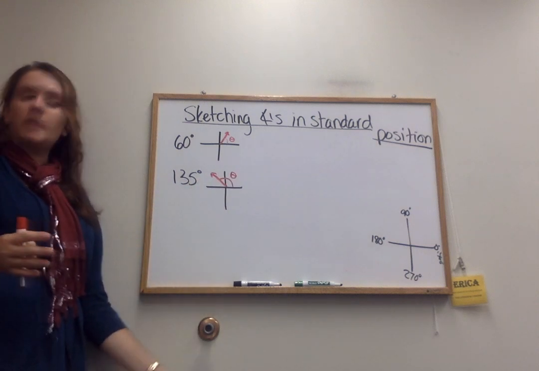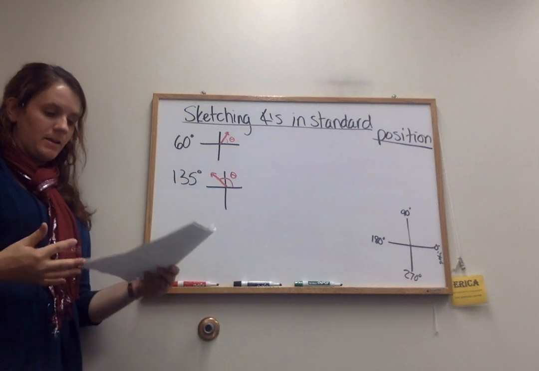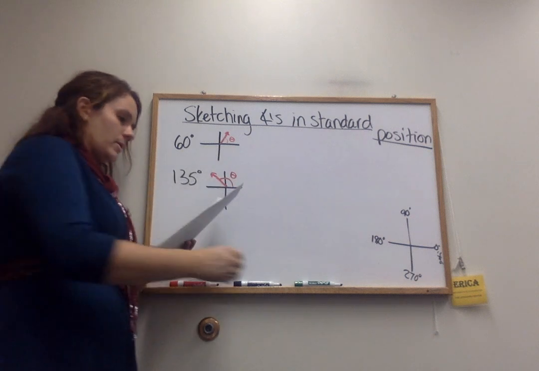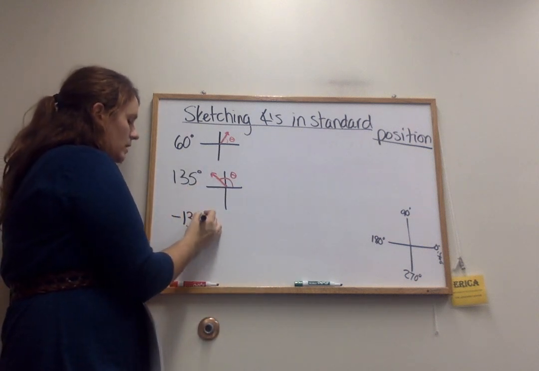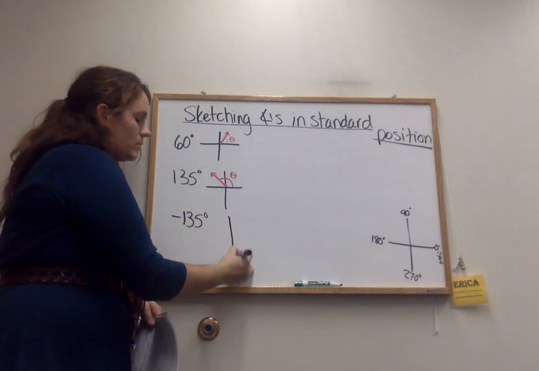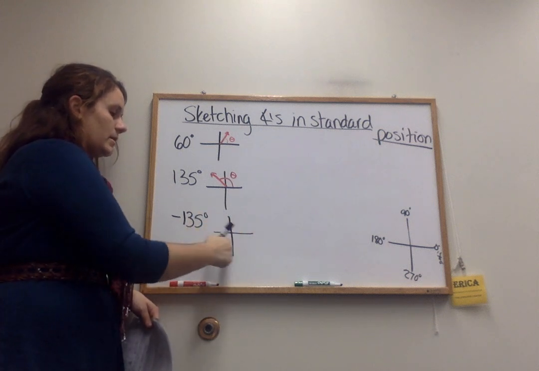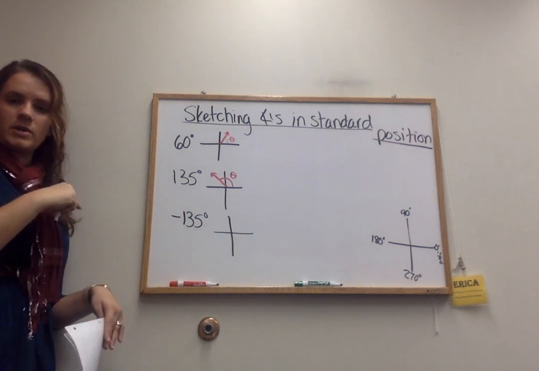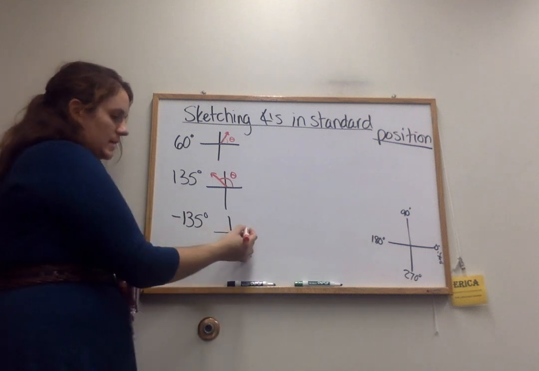Now, when we were converting between degrees and radians, we mentioned the fact that there could be negative angles that we're working with. So instead of having 135, you could have the angle negative 135. And really what that means is that instead of moving counterclockwise around our axes, we're actually moving in the opposite direction. We're going backwards or clockwise. We still start at exactly the same spot.